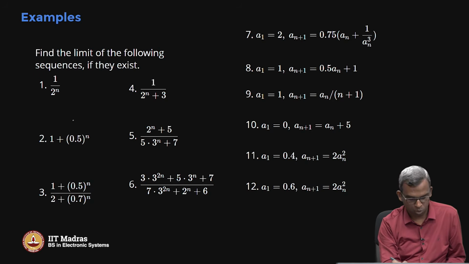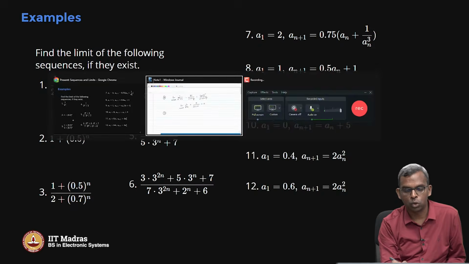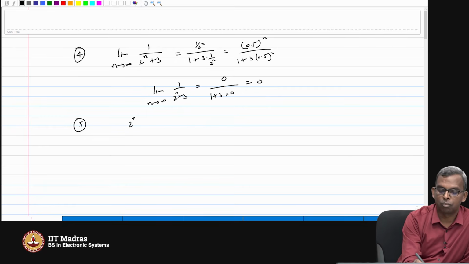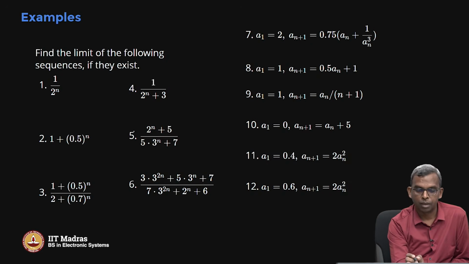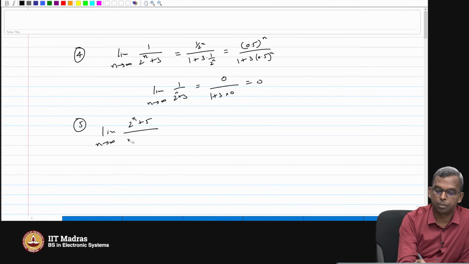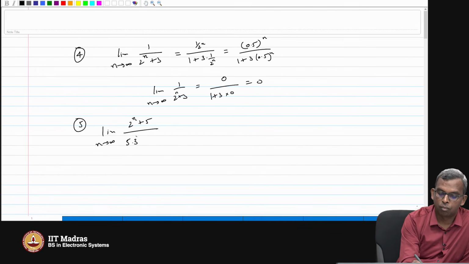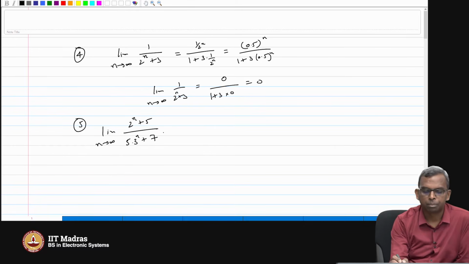5 looks a little bit more confusing. Let's try that. 2 power n plus 5, limit as n tending to infinity. What did I put here? 5 times 3 power n plus 7. Okay.